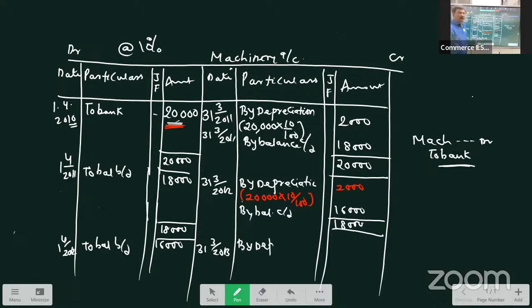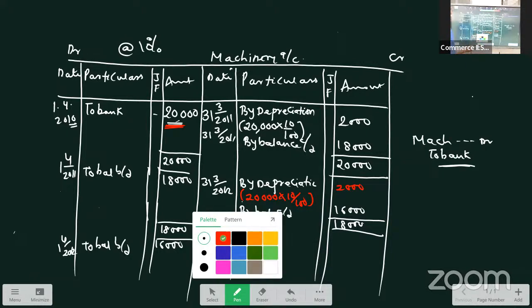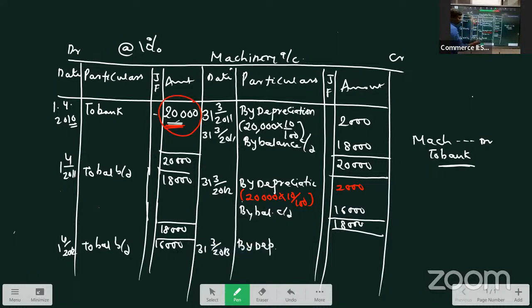By this time, you might have understood on what amount I will calculate depreciation? Yes, very true. I again will calculate on 20,000 only, because the method we are following is the straight line method. Under the straight line method, depreciation is always calculated on the original cost. So here I'll be calculating depreciation on 20,000 into 10 by 100, that is 2,000.